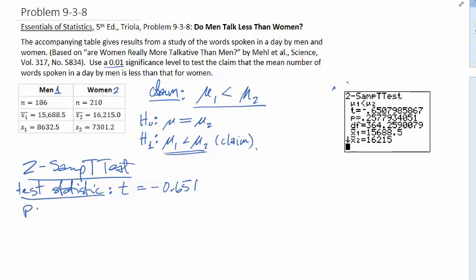Our p-value, which we call PV, is equal to 0.257258.